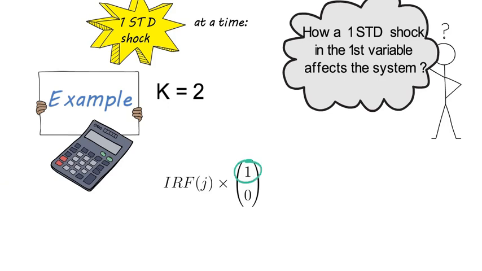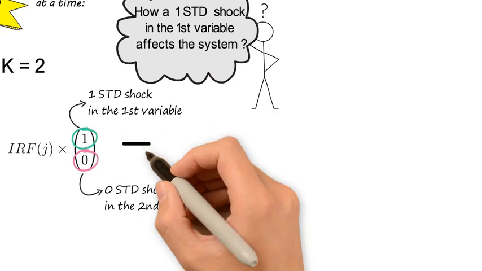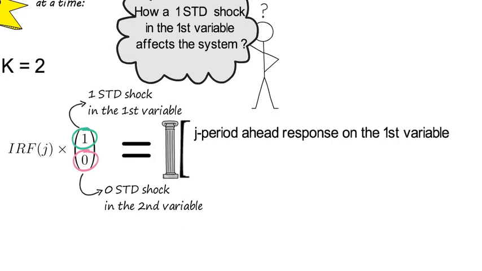The 1 stands for the 1 standard deviation shock in the first variable, and the 0 stands for a 0 standard deviation shock in the second variable. Now the product will be a column vector, and the first element of that column vector gives you the j period ahead response on the first variable, while the second element gives you the response on the second variable.